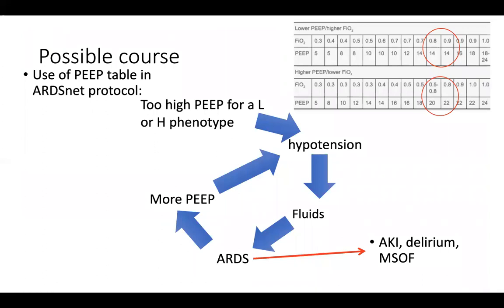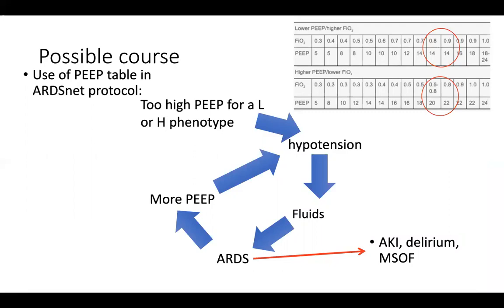So what would happen if we use the ARDSNet protocol in this patient? We'd end up with either PEEPs in that 14 range or in that 20 range. And when you have this L elastance, high compliance phenotype, and even in the H phenotype, if you set your PEEP too high, you can get consequent hypotension from a drop in left-sided preload.